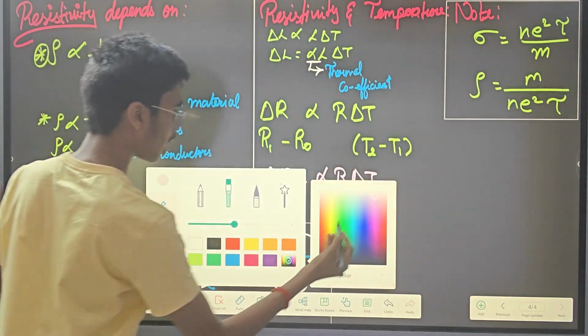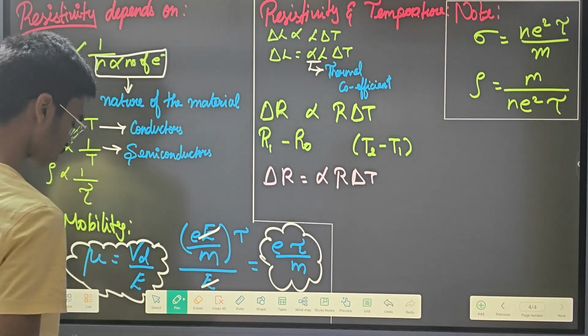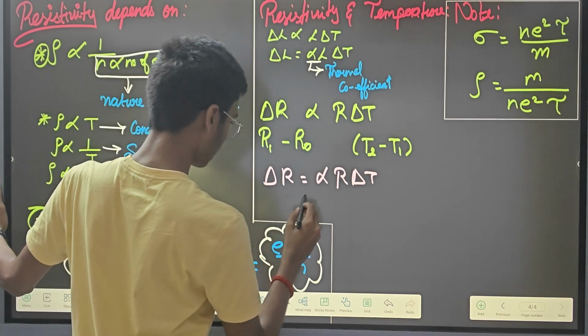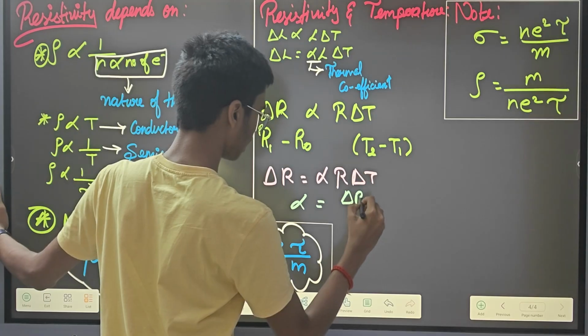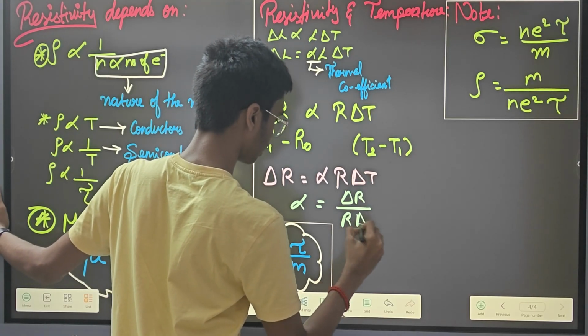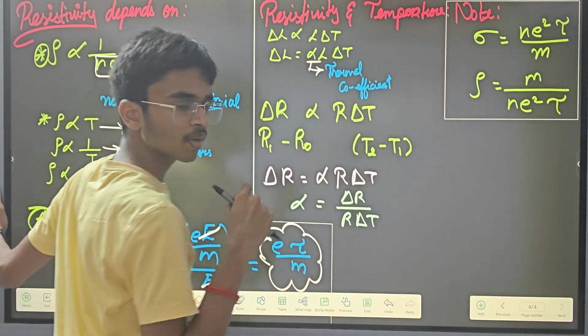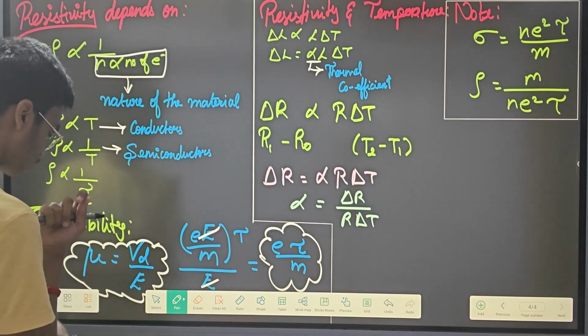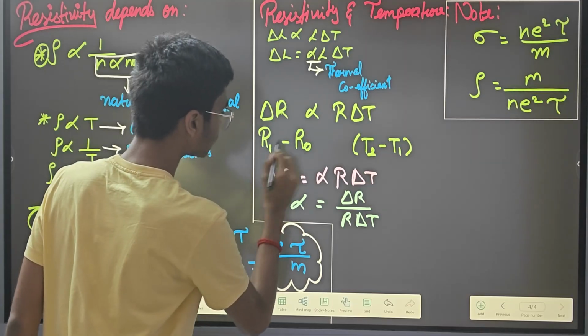From this formula, what can you write? Alpha is equal to del R whole divided by R delta T. From this, you can easily, in this space, write R1 minus R0.